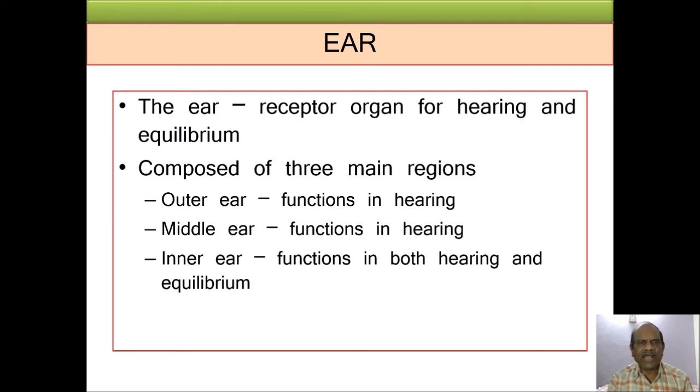It is followed by the auditory canal, or auditory meatus, and then the middle ear, which also functions in hearing. The innermost part is the inner ear, which deals with both hearing and equilibrium.